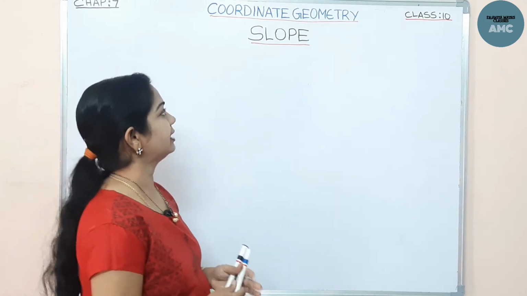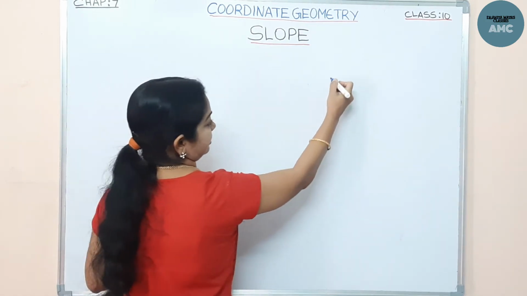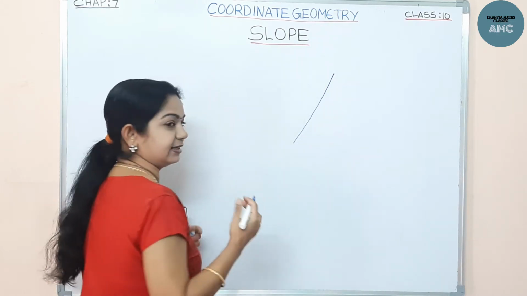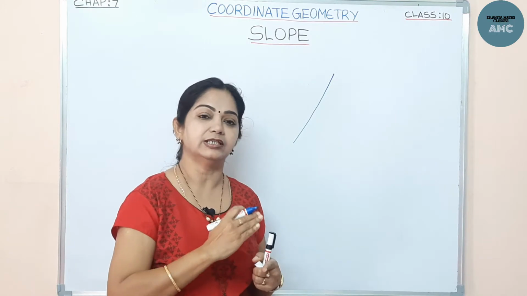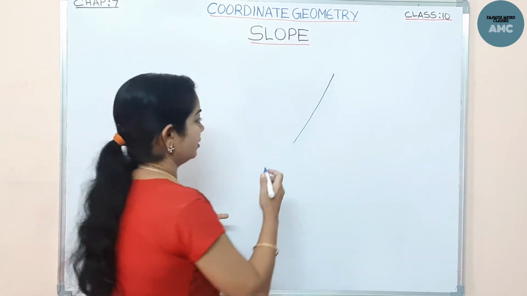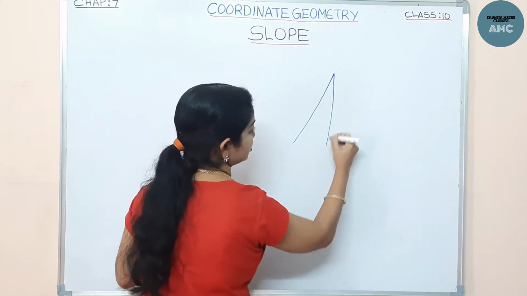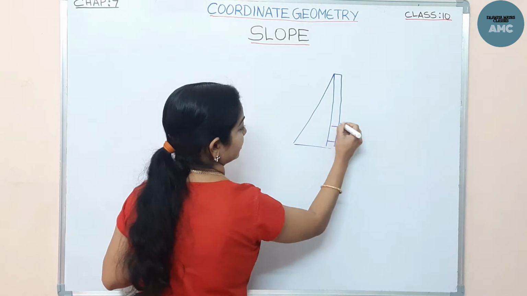Now to explain the slope, it is nothing but somewhat an inclination, when you have studied the angles, isn't it? Angles, how the inclination forms. Now if I draw 2 diagrams here, keenly observe them, right?